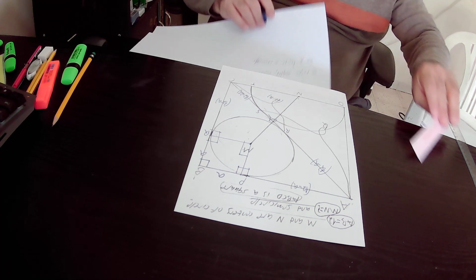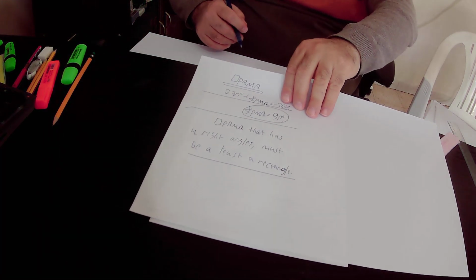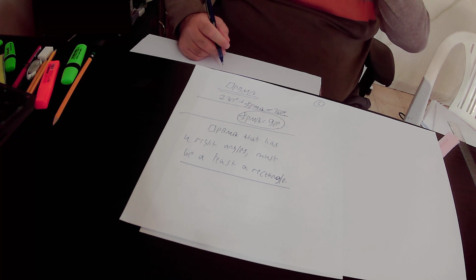I'll repeat again. Quadrilateral PBMQ that has 4 right angles must be at least a rectangle, if not a square.